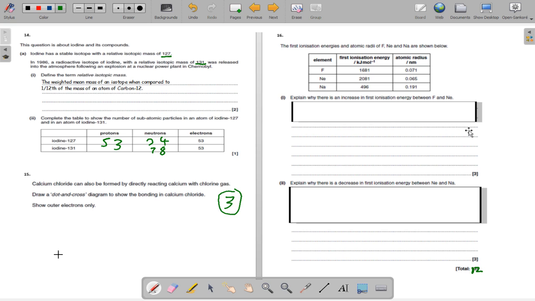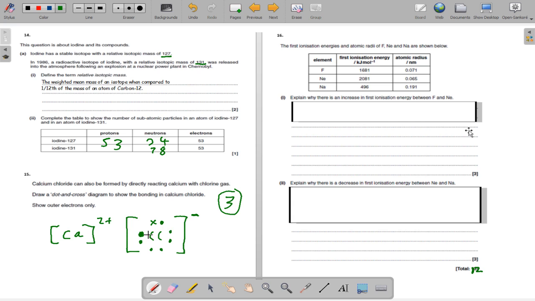And for the calcium chloride diagram, if you just draw brackets around the calcium and make sure it's a 2+ ion, and the chlorine, let's put the dots there, and we have a minus charge there for one chlorine atom.